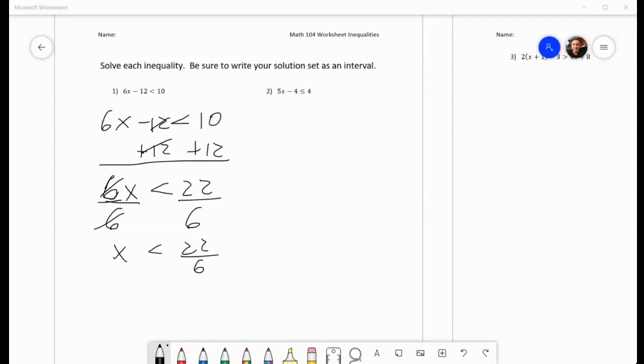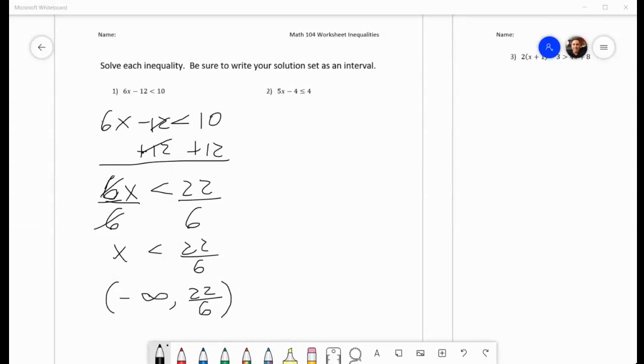We can write it as an interval. So what do we have? x less than 22 over 6, so we have here minus infinity, comma, 22 over 6.